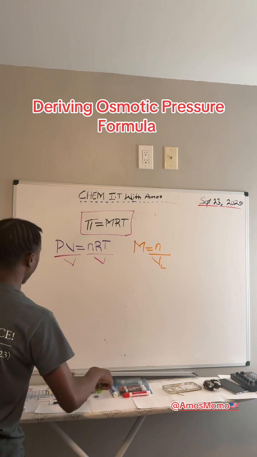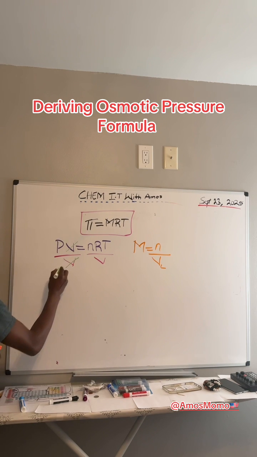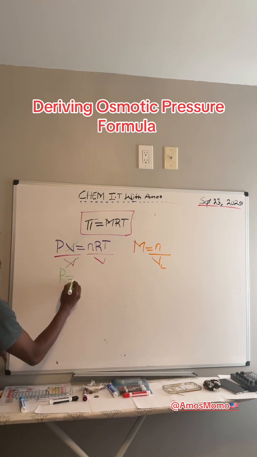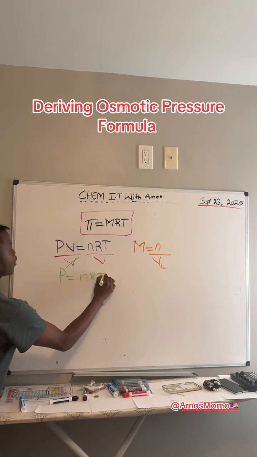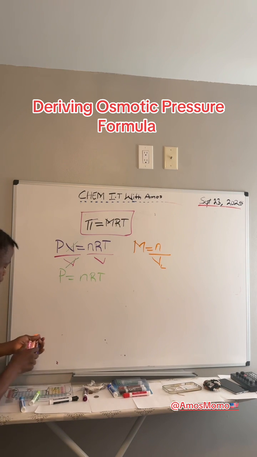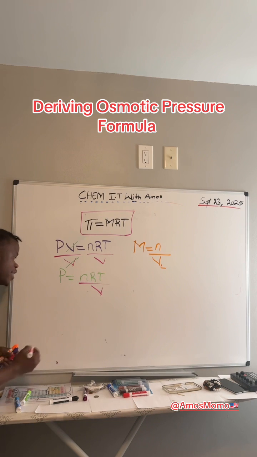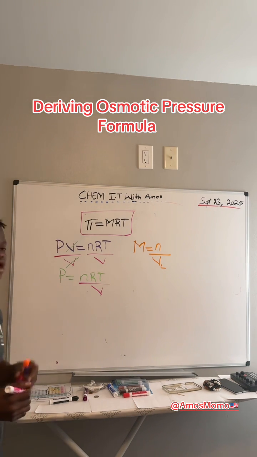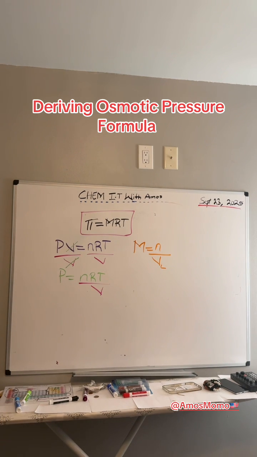This V cancels with this V, and you are left with P, which is the pressure. So P is equal to nRT divided by V. So this is pressure, and this is osmotic pressure, which is mostly written as pi.